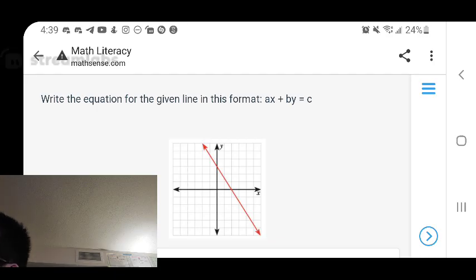This equation, 3 halves x plus y equals 3. I put in 2 for x, that's 6 over 2, that's 3, and y is 0, that's right. I put in 3 for y, x is 0, that works too. Pretty sure 3 over 2 is 1.5. B is 1, C is 3.